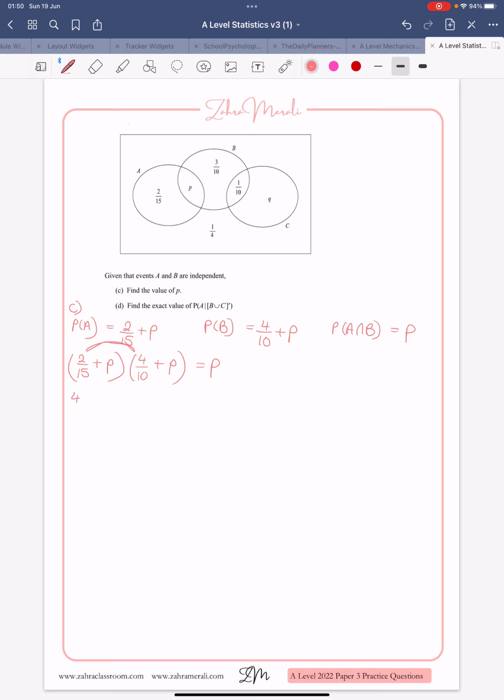So we're going to get 4/75 plus 2/15p plus 4/10p plus p squared equals P. Now we're going to put everything onto one side, and that's going to give us P squared minus 7/15p plus 4/75 equals 0. If you want to make that easier or nicer to look at, you could multiply everything by 75. So you'll get 75p squared minus 35p.